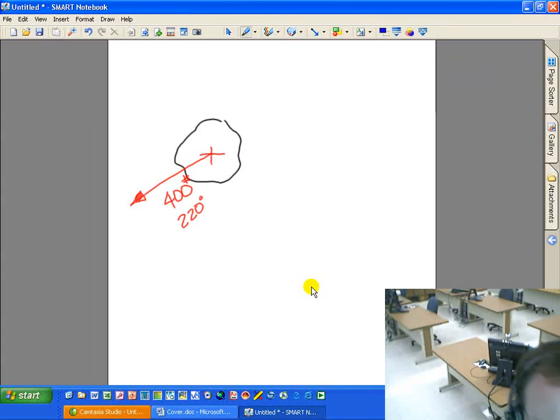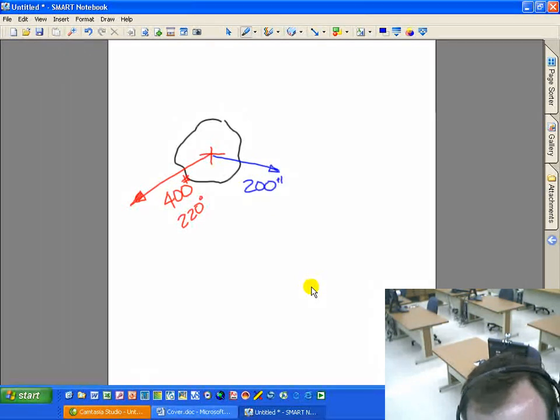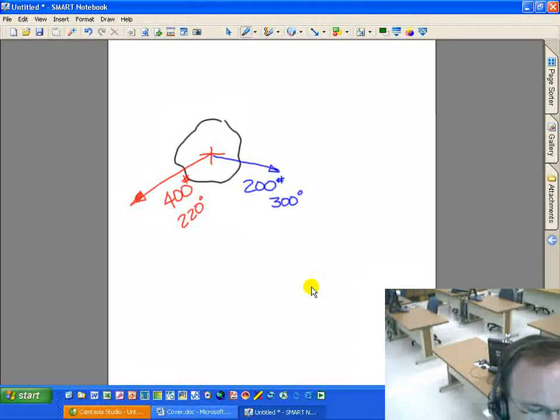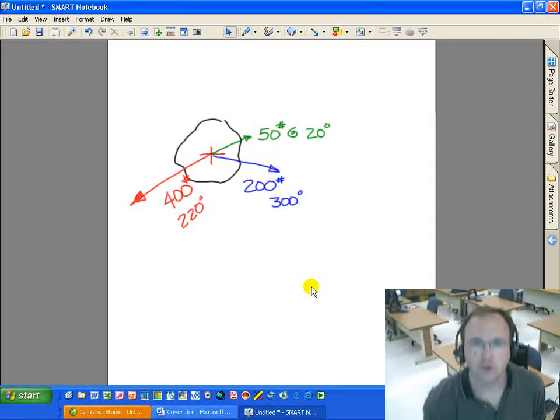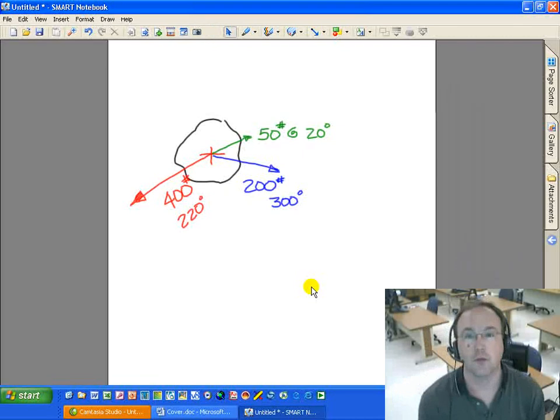And we have another force acting on this body of 200 pounds acting at 300 degrees. And we have a third force acting on this body of 50 pounds at 20 degrees. How do we determine the resultant numerically?